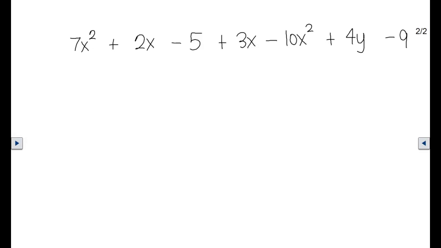Now that's a good sized problem, okay? And I've given you this problem so that we have something to kind of talk about here.